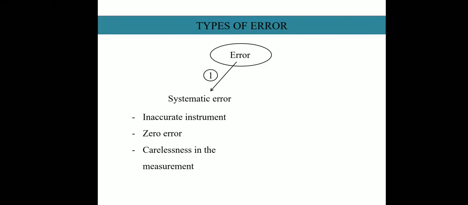Then carelessness in the measurement. If we are not paying attention or are not focused during the process of measurement, the scientific values could be erroneous, incorrect, or misleading. So it is very important that we pay attention to what we are measuring. And the last type is wrong technique. Sometimes it is very difficult to use one technique of measurement for another.